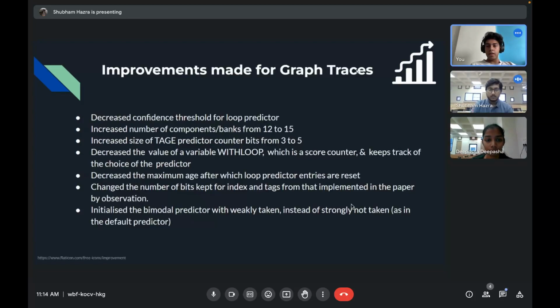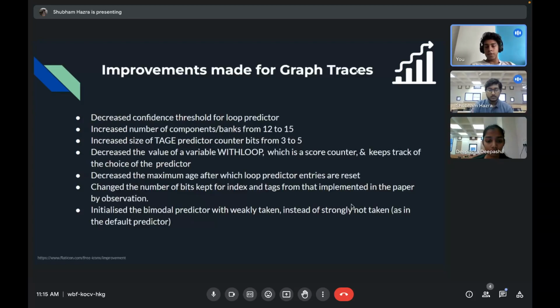We then changed the number of bits of index and tags that we were storing, and we increased them from what they were before. There was a trend given in the paper, something like 7, 7, 7, 7, 8, 8, 8, and we modified that and tuned it according to graph analytics, and we found the accuracy to increase.